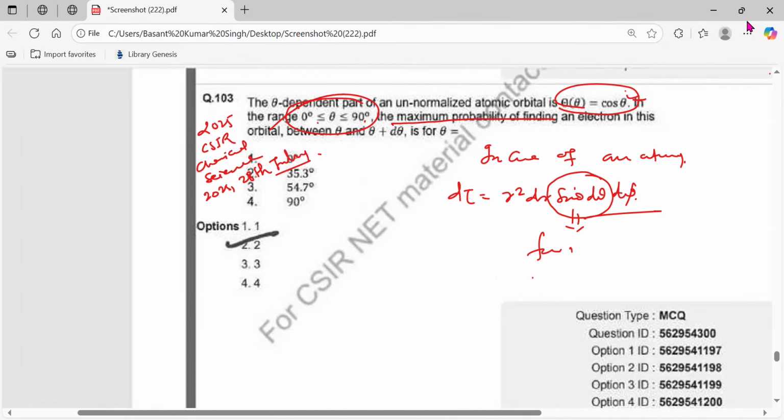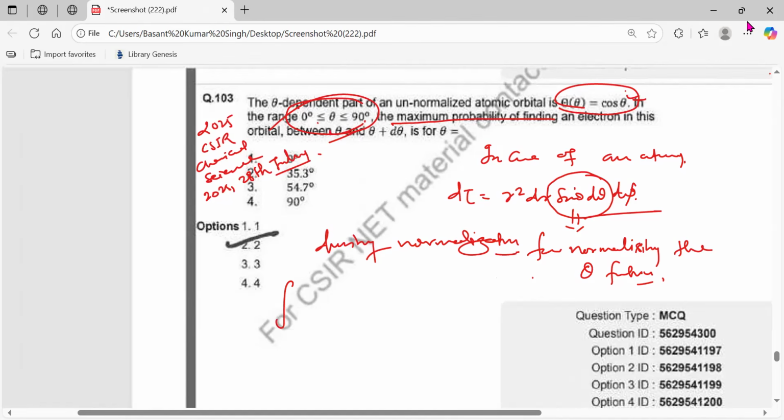Hence, during normalization, or calculating the total probability that goes to 1 in this region, the mathematical expression is the integral of cos square theta sin theta d theta, with range 0 to 90 degrees, times N square, and this is equal to 1.